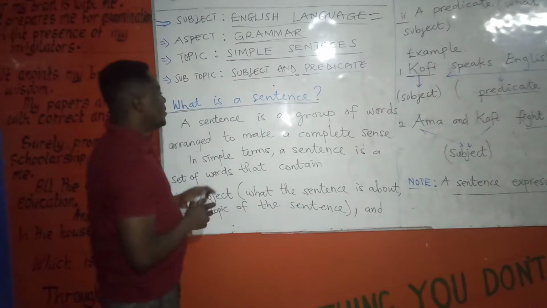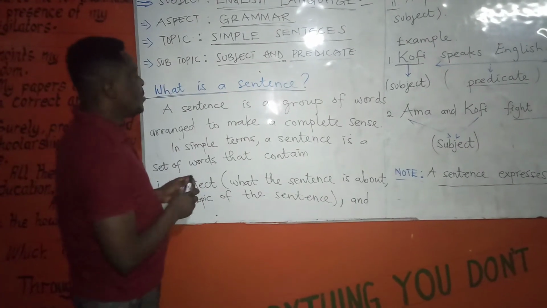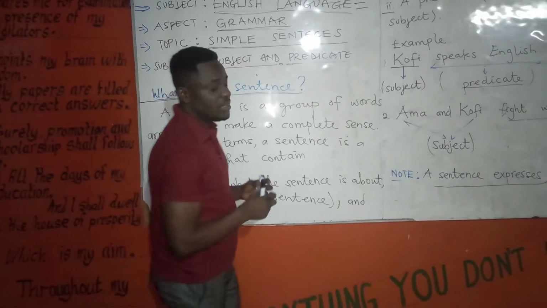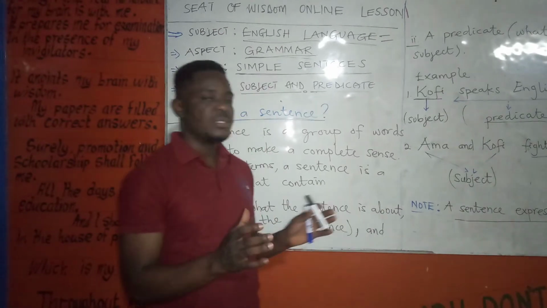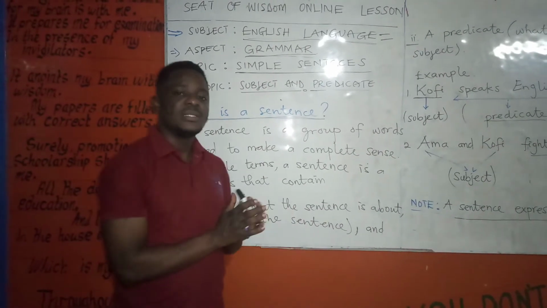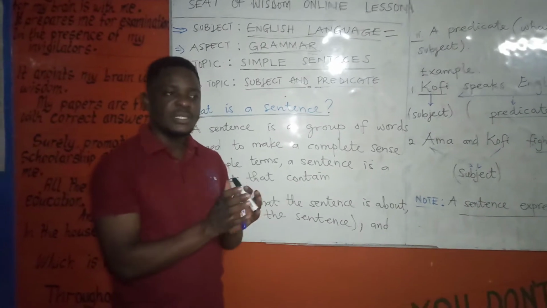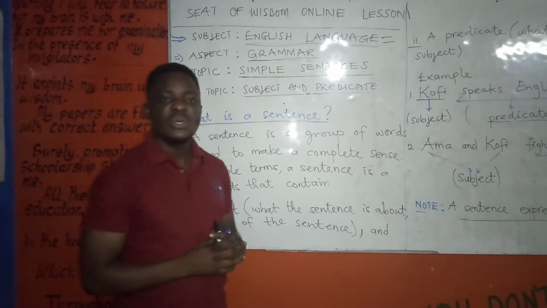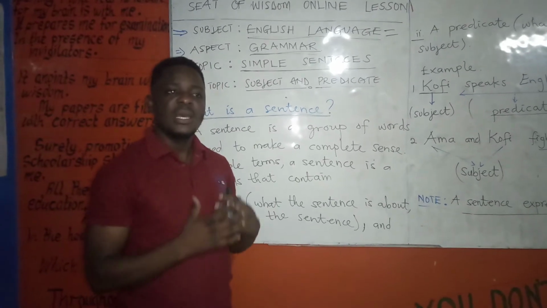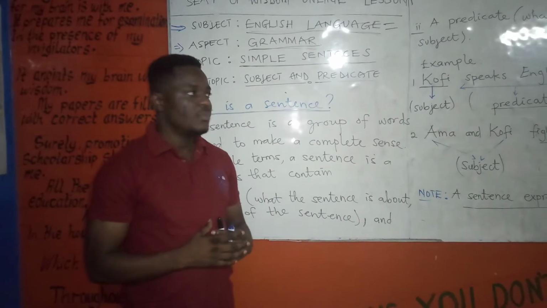A sentence is a group of words arranged to make a complete sense. So when words are combined, put together, arranged, and it communicates a complete sense or a complete thought, we are talking of a sentence.